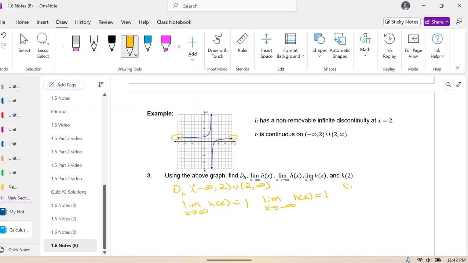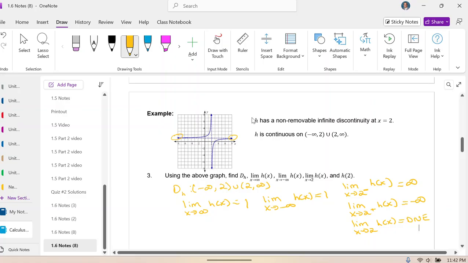The limit as x approaches 2, well, notice from the left it goes up towards infinity. And from the right, it goes down towards negative infinity. So therefore, the limit as x approaches 2 of the function does not exist.